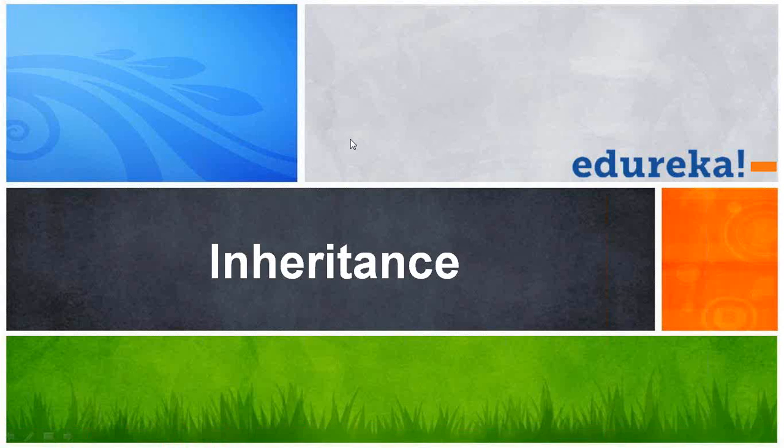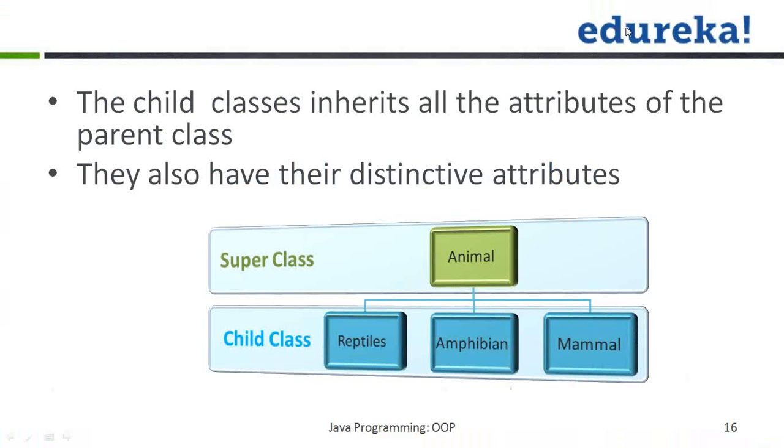Now we come to inheritance. You understood how to create classes and how to create objects. Anurag says I came late, that's fine. Now the child classes inherit all the attributes of the parent class like this. The parent class is also called the superclass. So this is an animal class and these are three child classes.